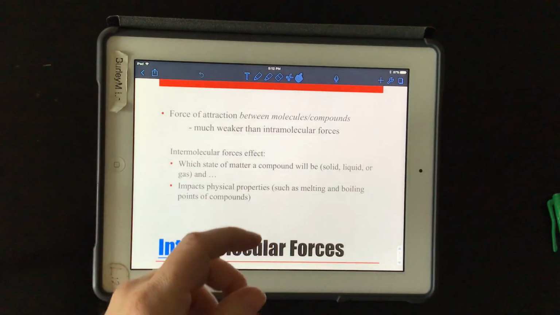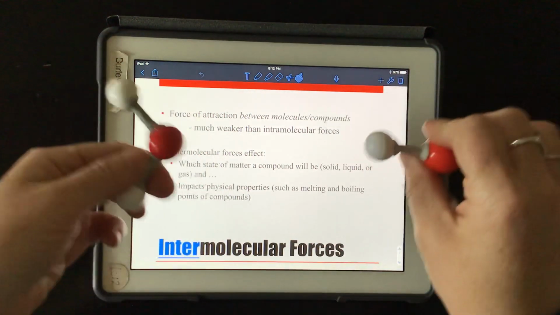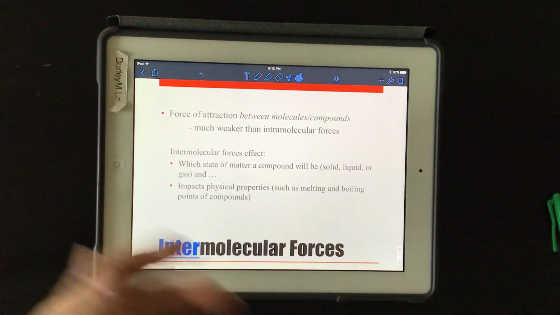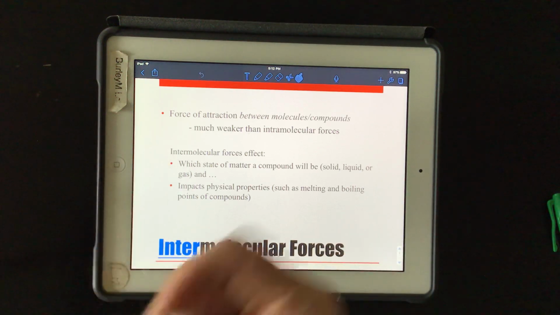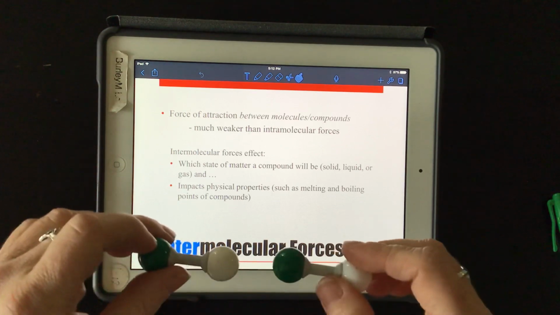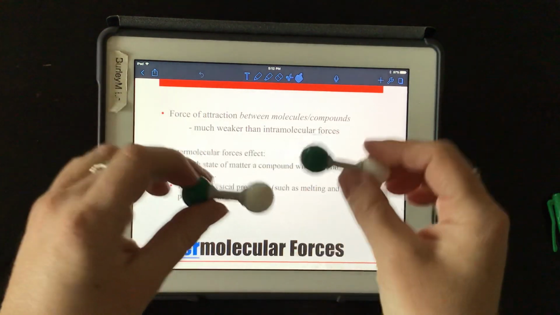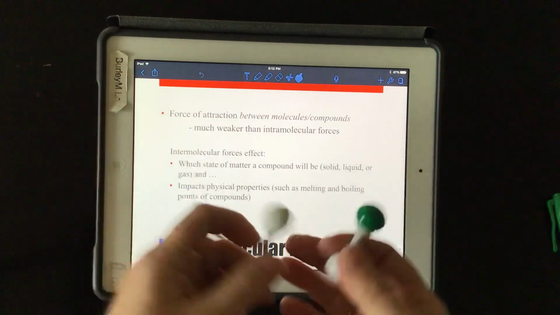Versus something that maybe exists as a gas in nature, so they don't really have many attractive forces between them, and so they don't stick together as much. Or maybe there's some in-betweeners where they kind of stick together but not close enough to be solids but close enough to move past each other, and then we get something that naturally exists as a liquid.